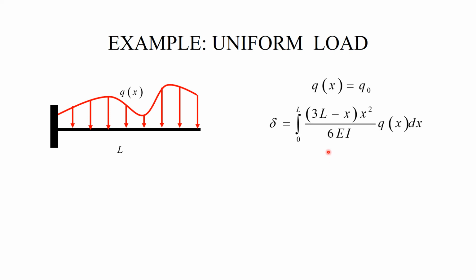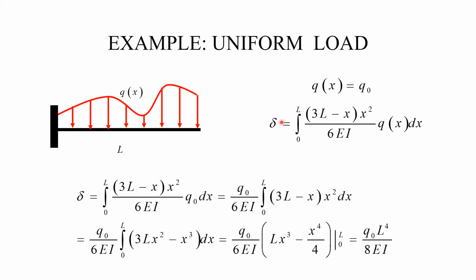So I will be using this formula, and first I will look at uniform load. So q of x is simply q naught. I substitute q naught instead of q of x. And you can see that I can pull out constant terms, and what I have here is a cubic polynomial.